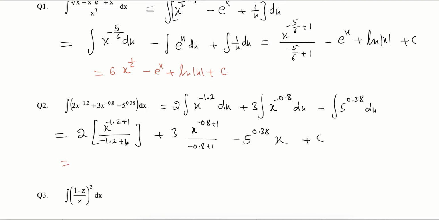Minus 1.2 plus 1, that will become minus 0.2. Then 1 divided by 0.2 will become 5. I guess I'm doing it correctly. Yes. So 5 into x raised power 0.2 plus 15 x raised power 0.2.